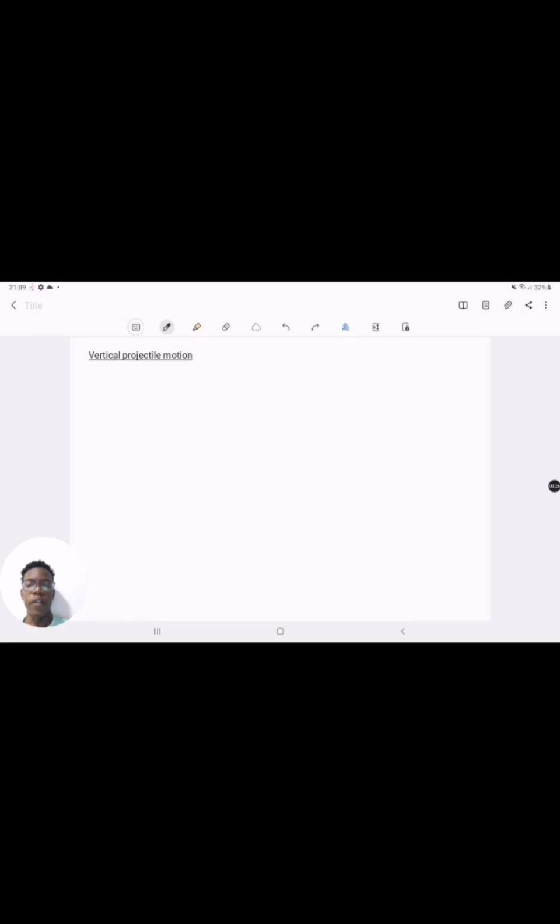Okay, so vertical projectile motion. Let's get started. What is vertical projectile motion? Well, this topic is made up of 3 words, and we're going to break down these 3 words to understand fully what we are dealing with. The first word that we see here is vertical. What does vertical mean?